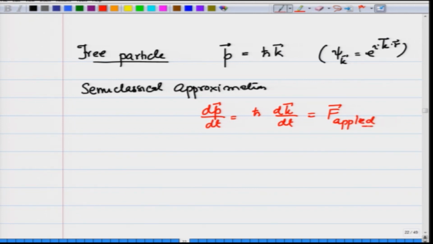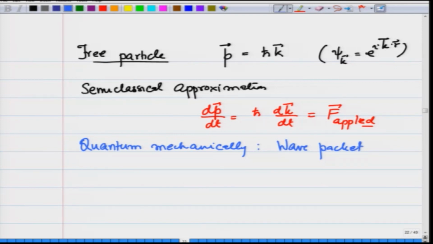I am calling it semi-classical approximation because when I look at these particles quantum mechanically, then to locate a particle, I actually have to make a wave packet. Why?